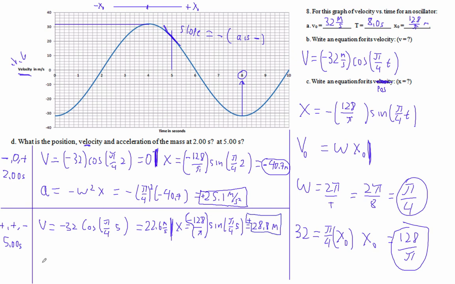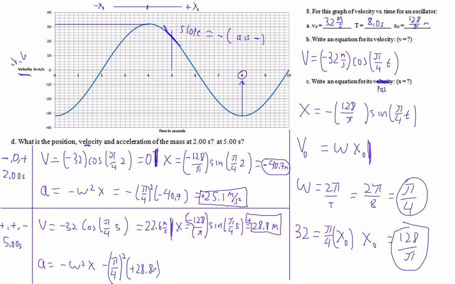All right, and then our acceleration is the opposite of omega squared x. And we just figured out x, right? So we're going to go the opposite of pi over 4 squared times positive 28.8.